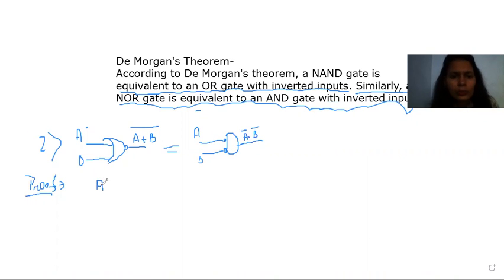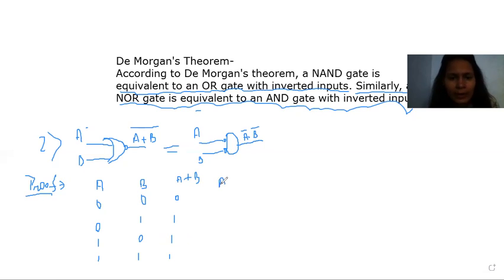Here two inputs. It means four combinations are possible. 0, 0, 1, 1. 0, 1, 0, 1. Then we will find A plus B. It will be 0, 0 plus 0, 0, 0 plus 1, 1, 1 plus 0, 1, 1 plus 1, 1.